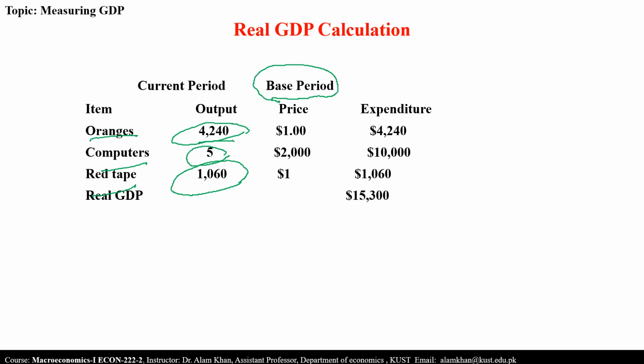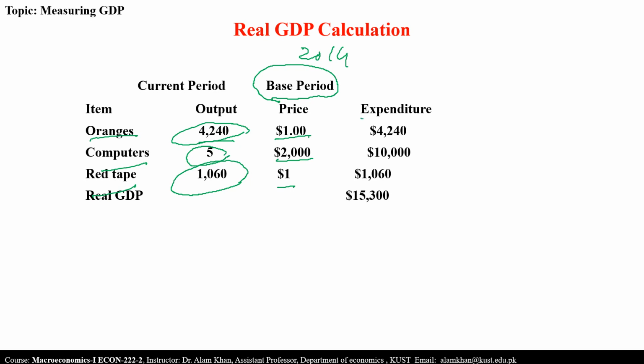For example, in the previous example we supposed that 2014 is our base year. So the price in the base year is $1 per unit of oranges, 2000 dollars per unit of computers, and the red tape price in the base year was $1.